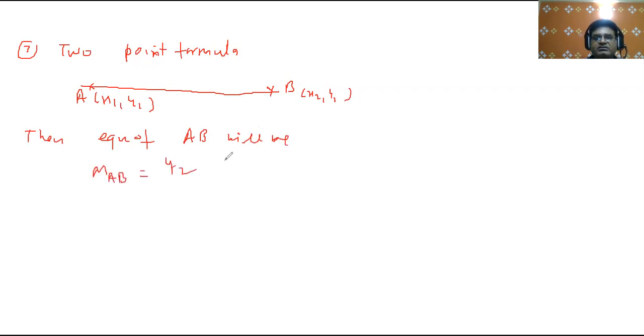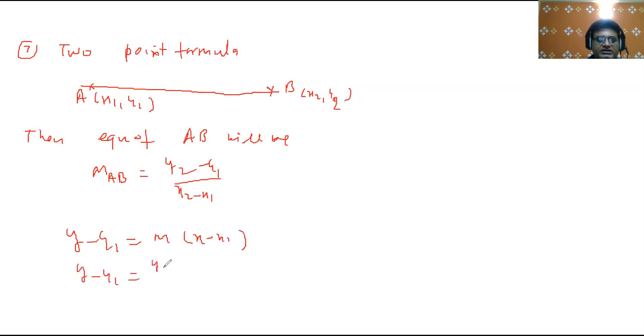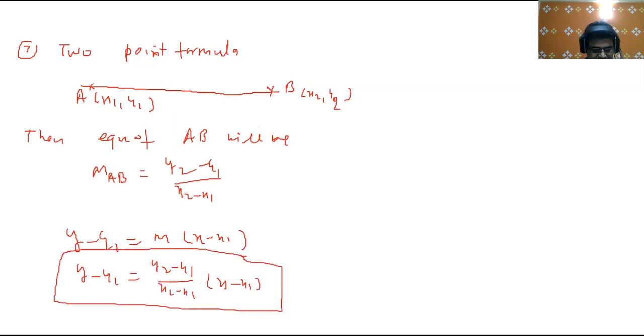So it is nothing but (y2 minus y1) upon (x2 minus x1). So we are putting in the first formula, it was m times (x minus x1). So now we are putting the value of m here. So it is y minus y1 equals (y2 minus y1) upon (x2 minus x1) into (x minus x1). So this is the simple formula which you have to understand.